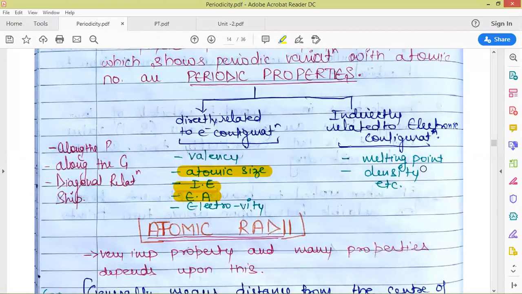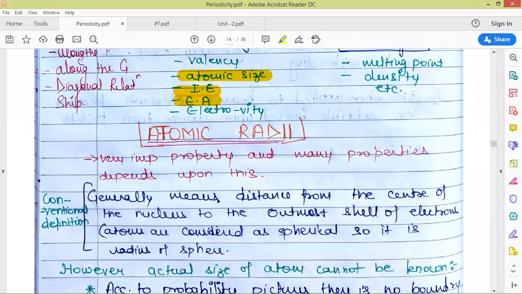Indirectly related properties are melting point, density, etc. We'll be studying the variation of these properties along the period and along the groups, and one more relationship will be studied, that is diagonal relationship. I will not be discussing the diagonal relationship at this point. We'll start directly with the properties which are directly related to the electronic configuration. So in today's video, we'll be starting with atomic size, then we'll be going through ionization energy and electron affinity.